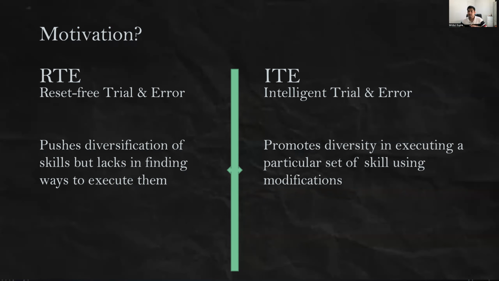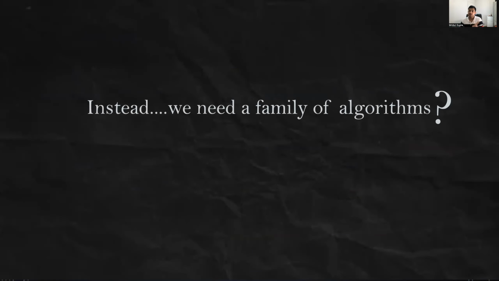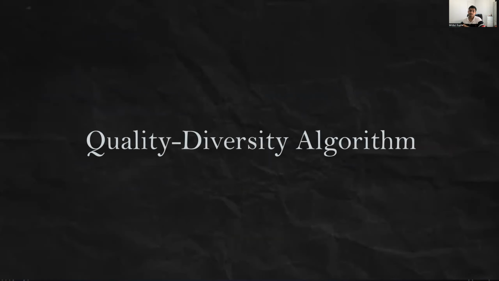This is also a motivation, because we want both sets of algorithms in one, because we need both of them. So do we need a family of algorithms that consists of RTE, ITE, and other algorithms? Yes, we do need them. This is known as the quality diversity algorithm, as we discussed in the name of the research paper.